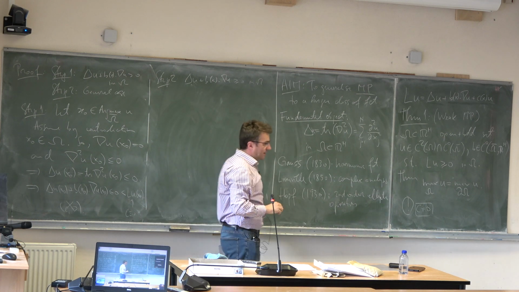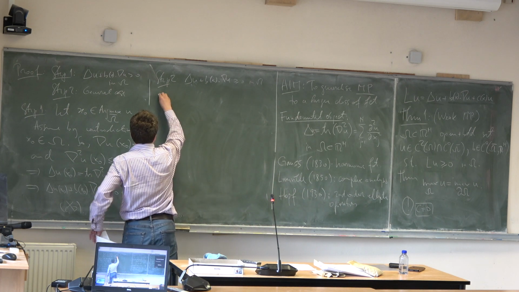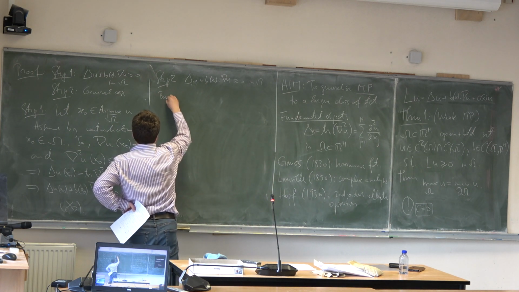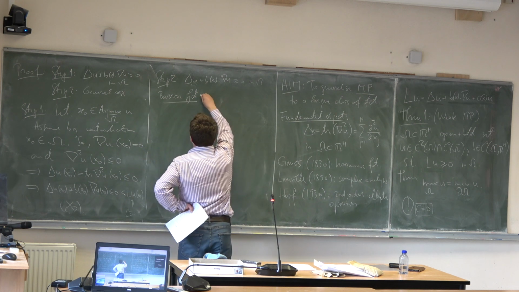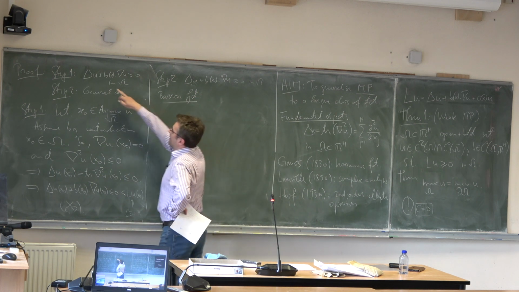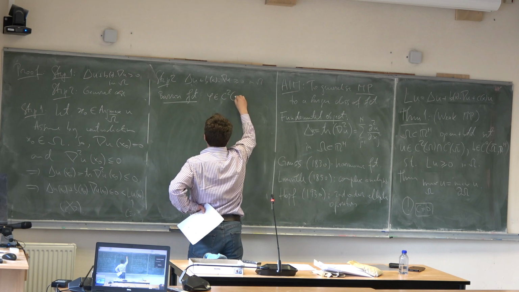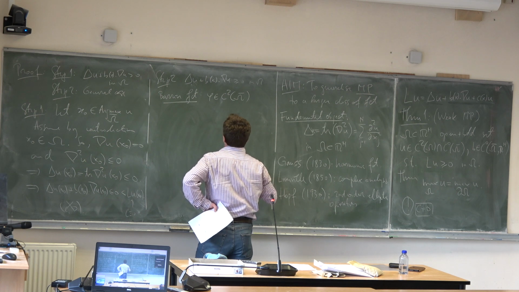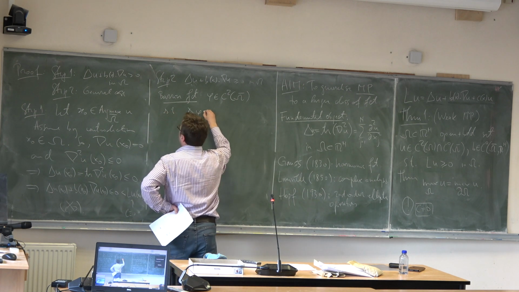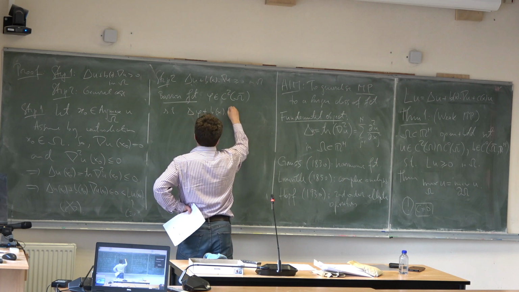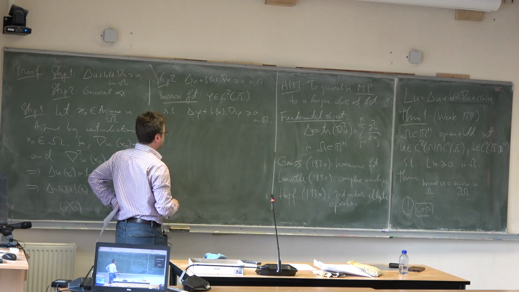So here the idea is to construct barrier functions. We construct a barrier function, which is a function phi that satisfies this strict inequality. So construct phi, a smooth barrier function such that Laplacian phi plus b·grad phi is strictly positive in omega.